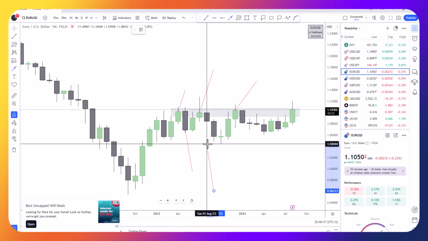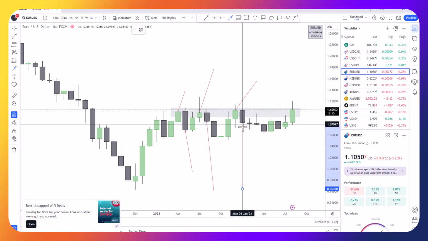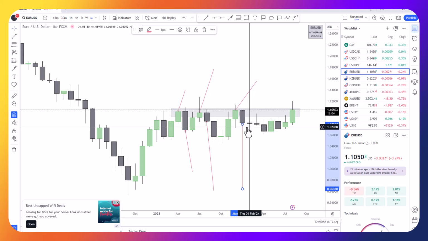And then we've got this one here, it traded through and then price went to the downside. This bearish candle here trades through the open to close of the last up close candle. That validates your bearish order block.